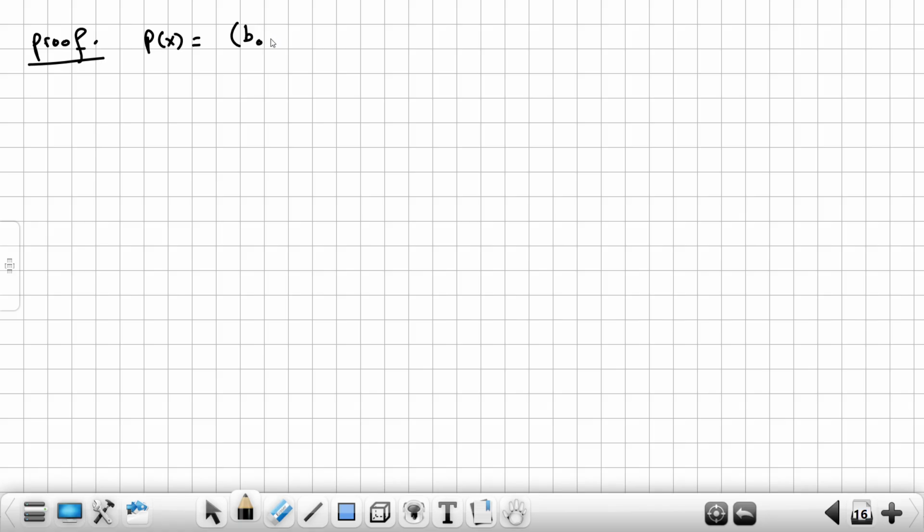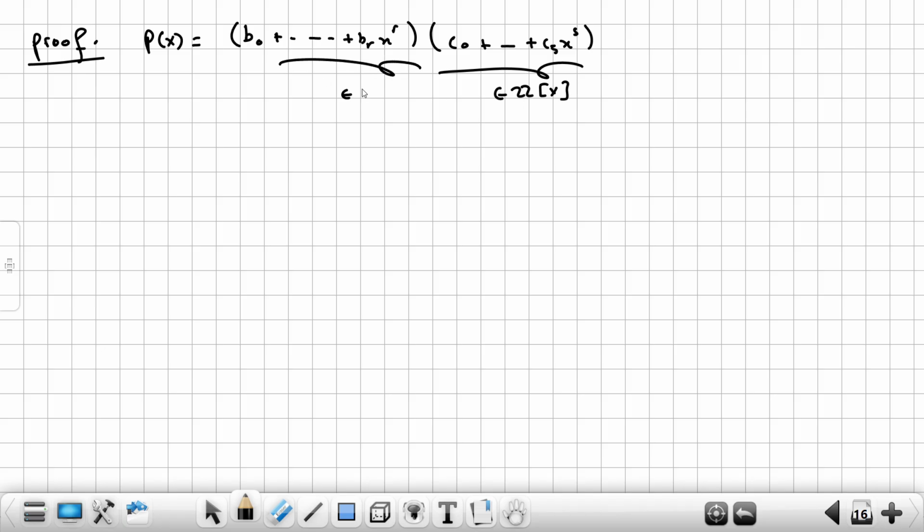So it can be written as something like b0 plus ... brx^r times c0 plus ... csx^s. These two polynomials are in Z[x], of course, and both r and s are less than n.